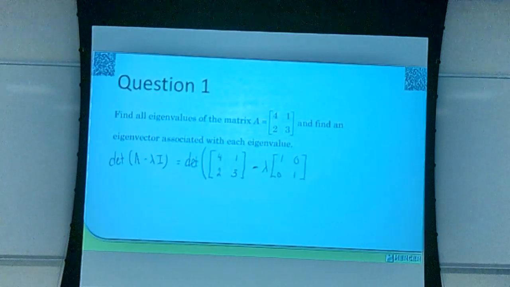There's your 2 by 2 identity matrix: 1, 0, 0, 1. Now remember, we already looked at basic matrix operations. We did that back with linear systems.